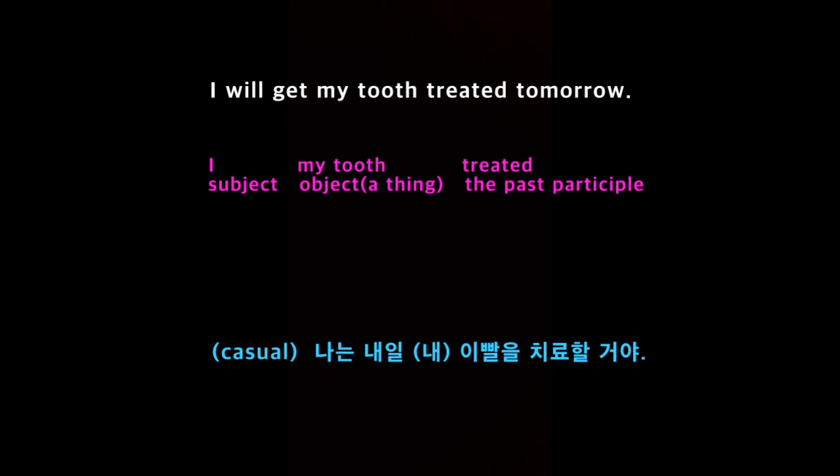Of course, we Koreans have a habit of omitting the subject like this, but today let's not omit the subject. The structure of this Korean sentence is subject, object, and verb. Only considering this structure, the doer of this action should be the subject.